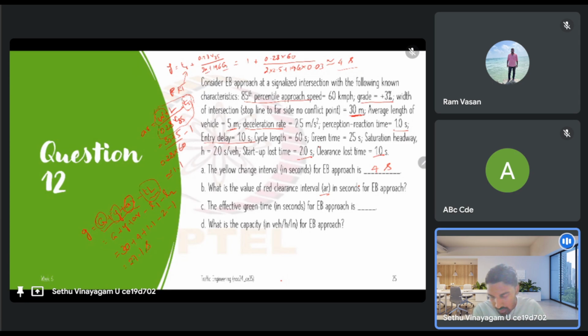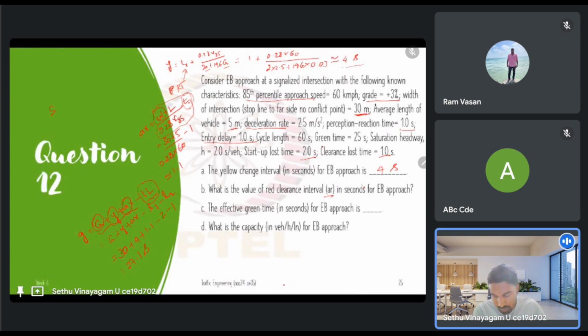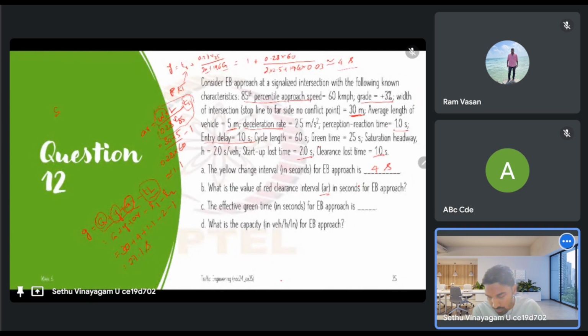So the relationship is that capacity is equal to the saturation flow rate for that phase multiplied by the effective green ratio, which is g_i by C. So we have to calculate the saturation flow rate.